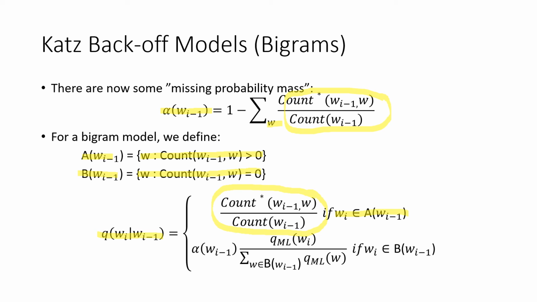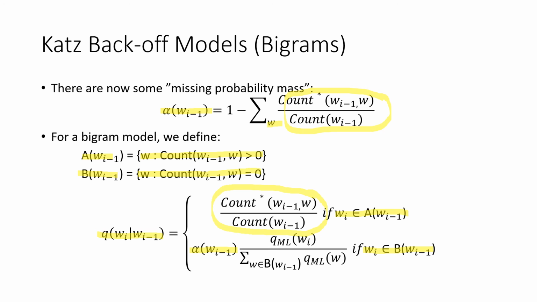And for the words that did not appear in our data set, so the words from set B, we calculate this probability in the following manner. So we take some of the missing probability mass, but using this weight.